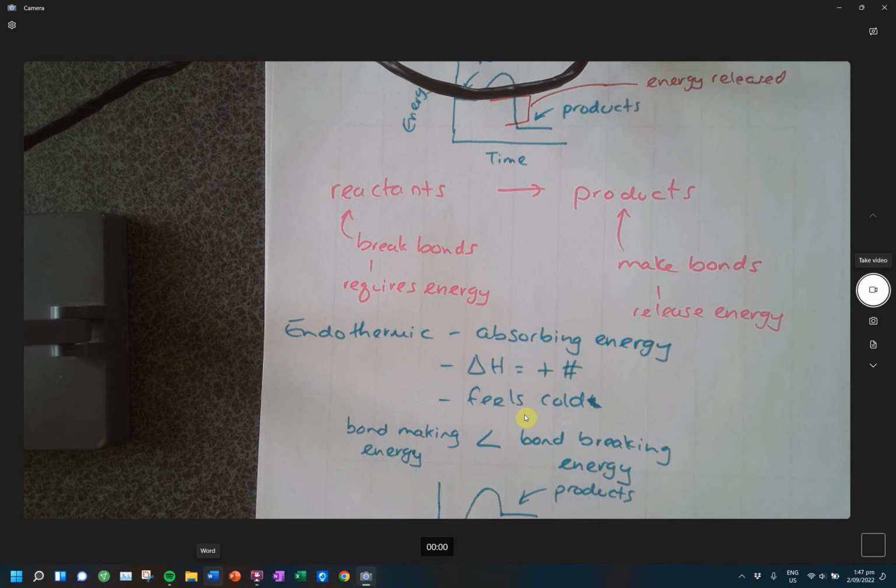So that's why it speeds it up. If I lower the activation energy, I don't need as much energy to do that reaction, and thus I can use that energy for other reactions, speeding up the whole process. So the catalyst is providing some way to reduce that activation energy.